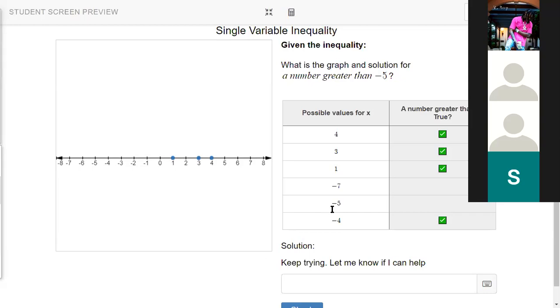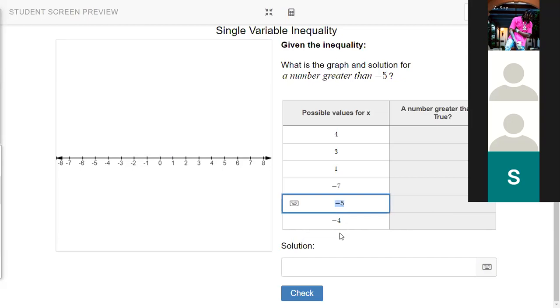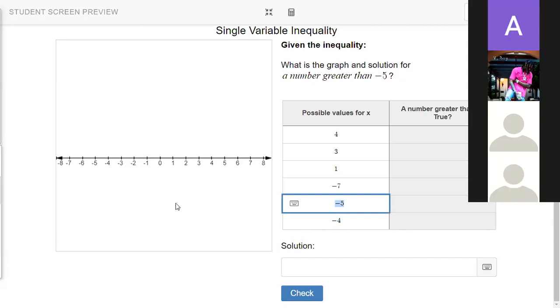Anyone know why -5 doesn't work? Because it's equal to. Right, it's equal to, so it's not greater than. It's no more than -5, so it's not greater than.